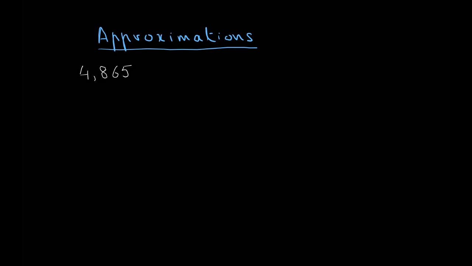So we know right now I can reinterpret this number as 486 tens, right? Since I want to approximate to the nearest 10, I'm going to count in tens, and this I can interpret as 486 tens. So I can maybe start out with 485 tens.